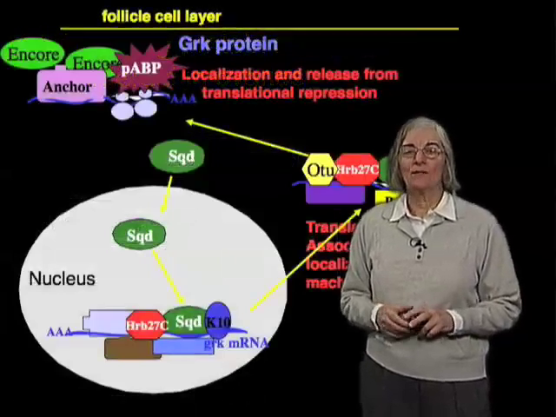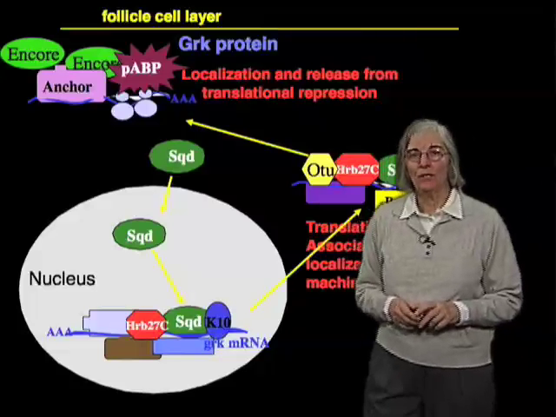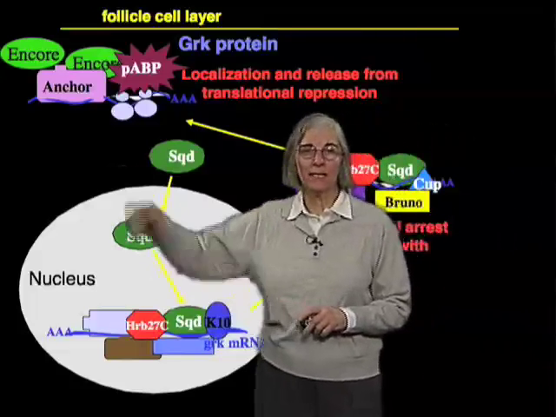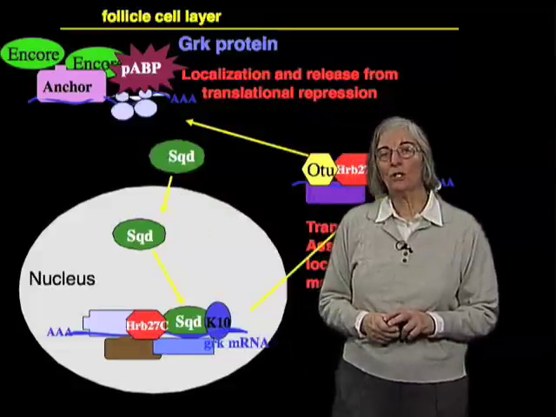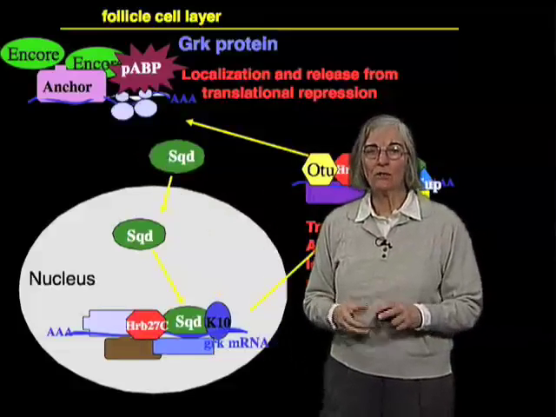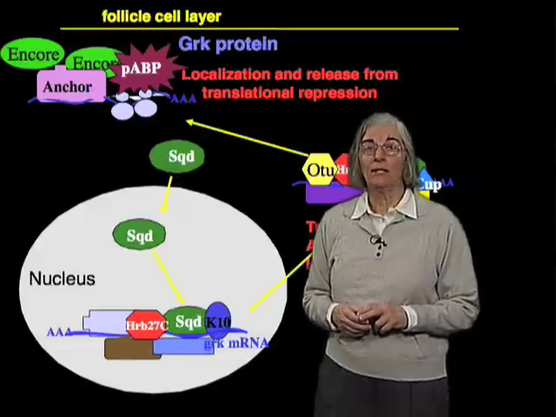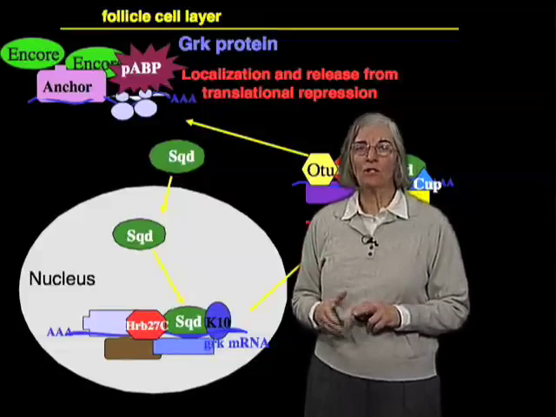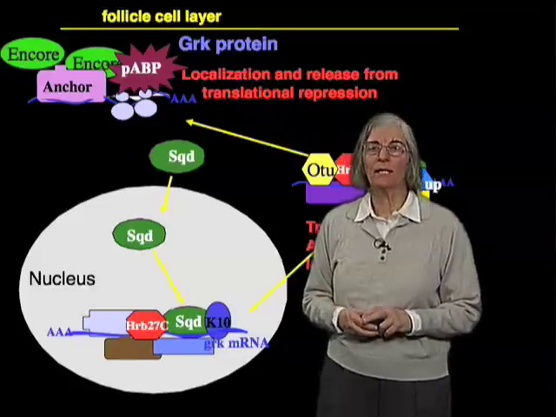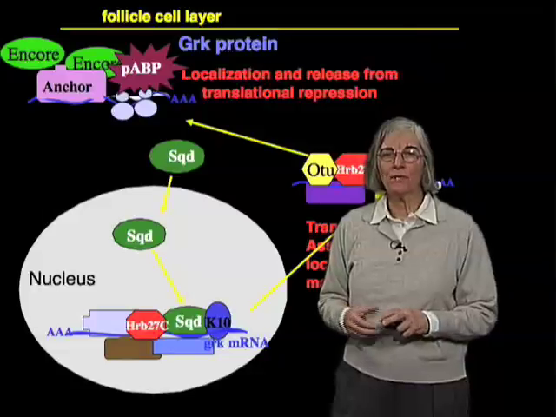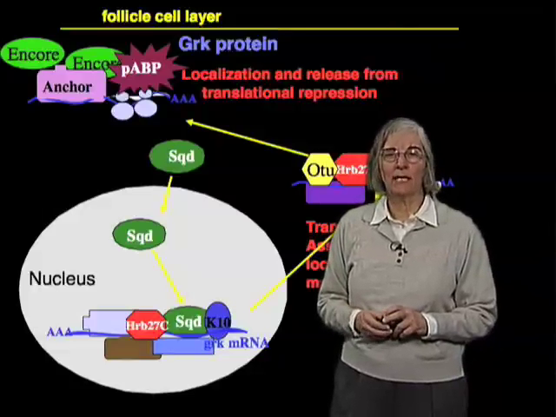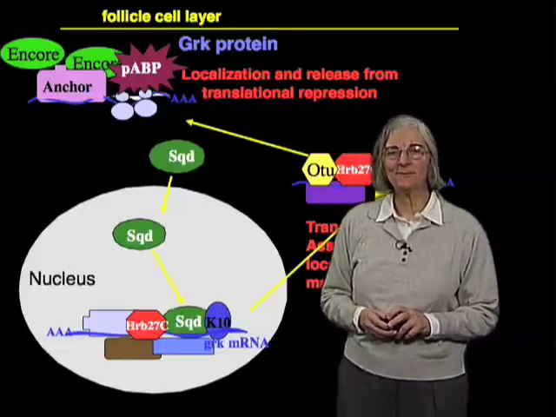Putting all these results together then into a scheme, we now think that once the Gurken RNA reaches its destination in the dorsal anterior corner, ENCORE might help to anchor the Gurken RNA, and it may also be involved in upregulating translation of Gurken at this stage through its interaction with a polyA binding protein.